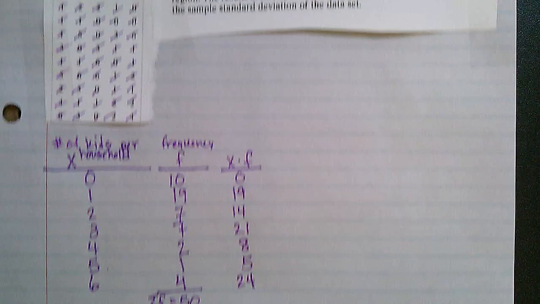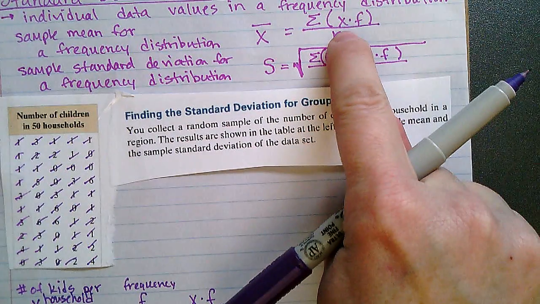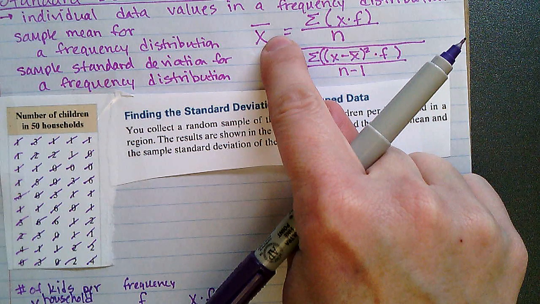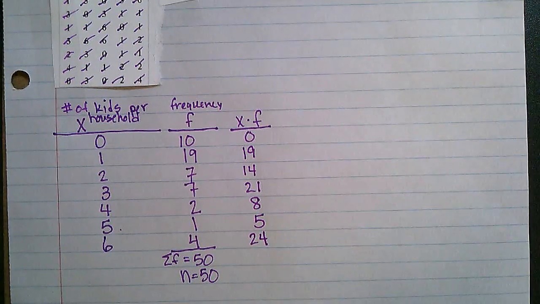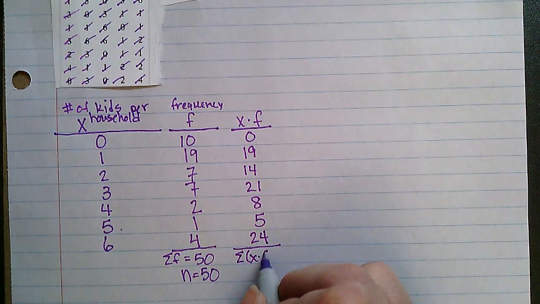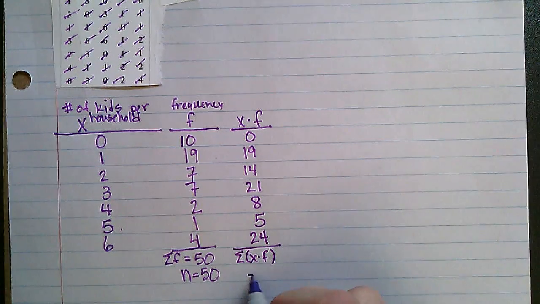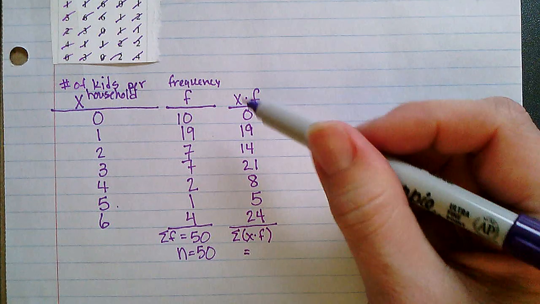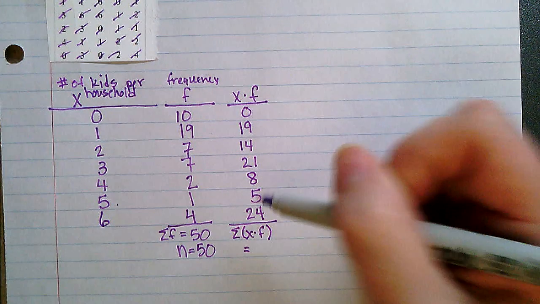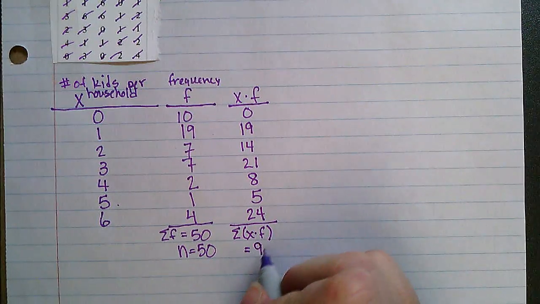And notice also in the formula, we have to add that column up. So that's how we're going to get our sample mean. So next I will add these up, the sum of x times f. So 19 plus 14 plus 21 plus 8 plus 5 plus 24. That is 91.